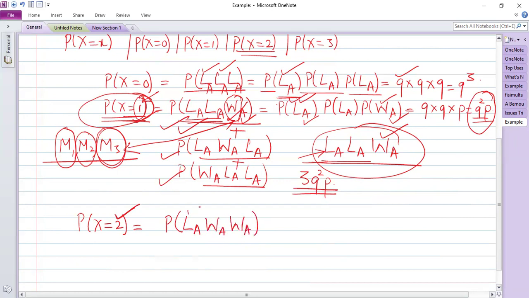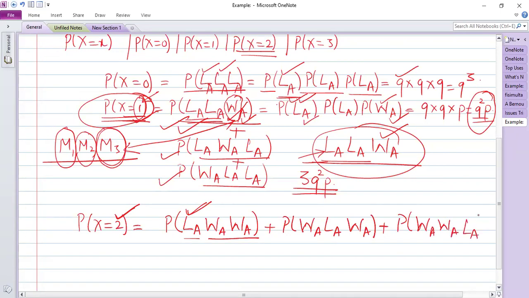It means the first match is lost by A, but the next two are won by A. Then there is the case WA, LA and WA, where the second match is lost by team A, but the first and third are won by team A. And WA, WA and LA.